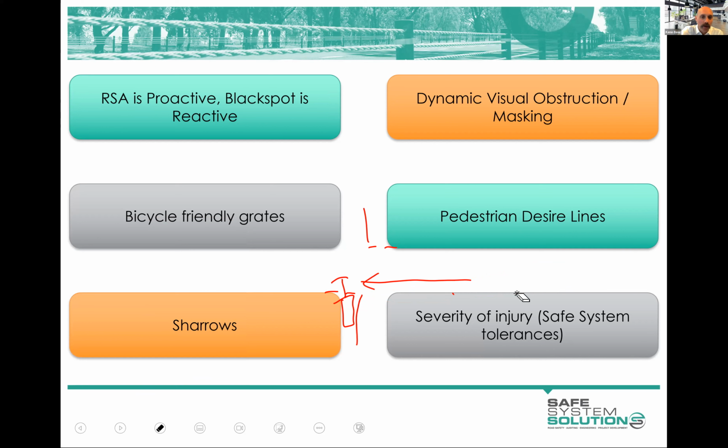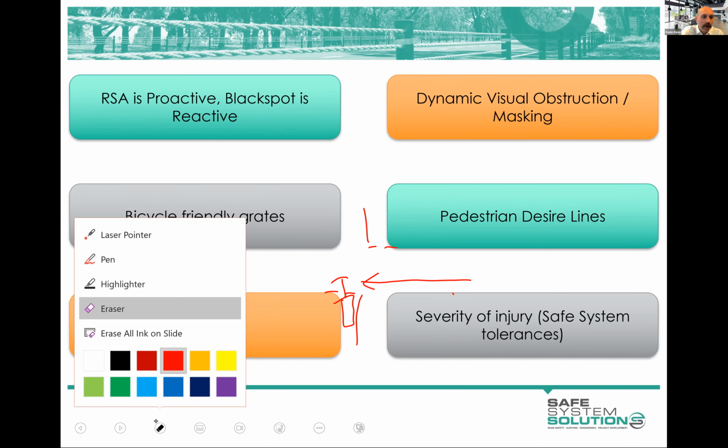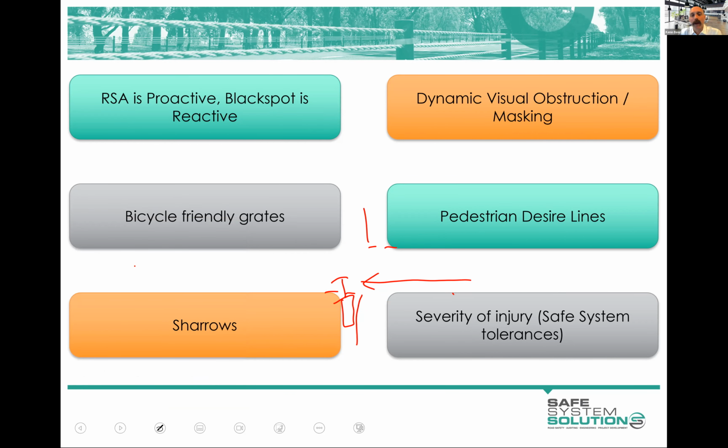Now we've removed the sightline impediment. Can that crash still occur? Yes. Right. So okay, they can see, but they might make a mistake or misjudge or overshoot, or many reasons they come out. They're going to be struck.